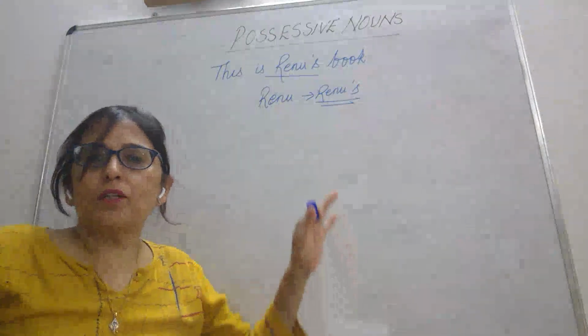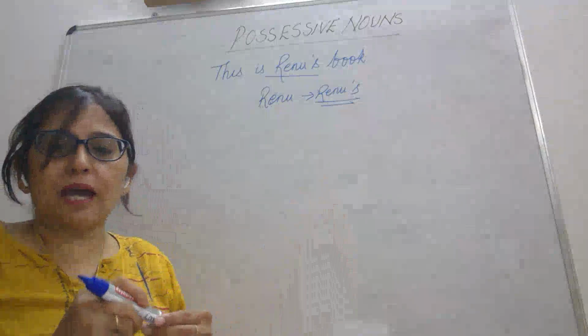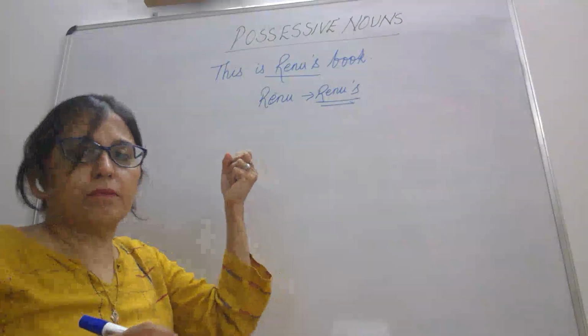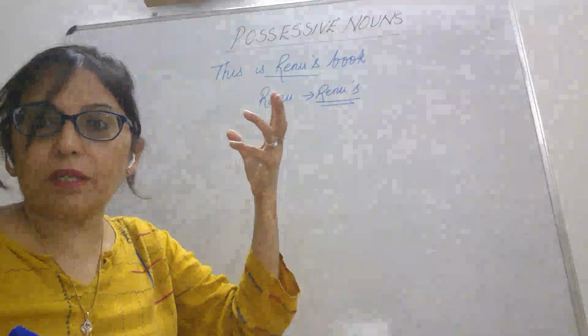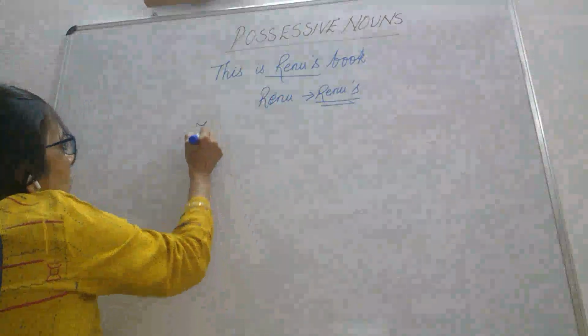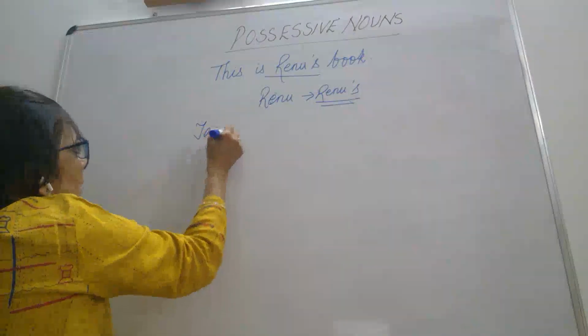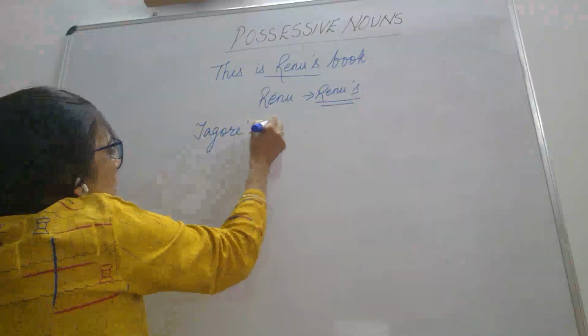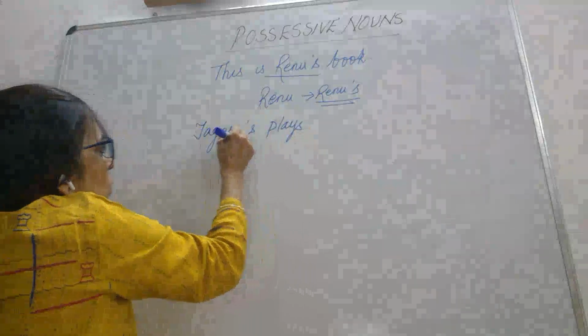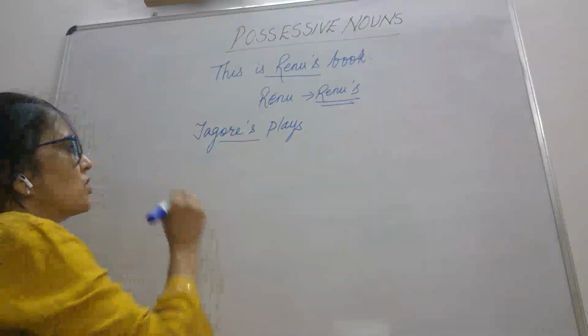Is that clear? So let's take up a few examples which show that there is an ownership or possession. For example, when I say Tagore's plays, right? Tagore's, all the plays written by Tagore.